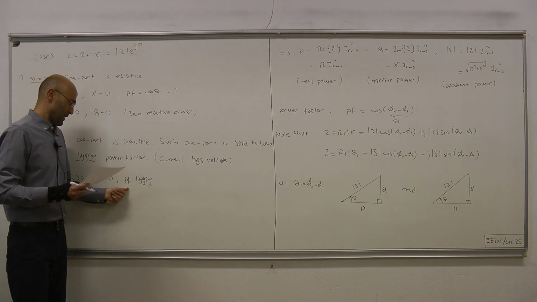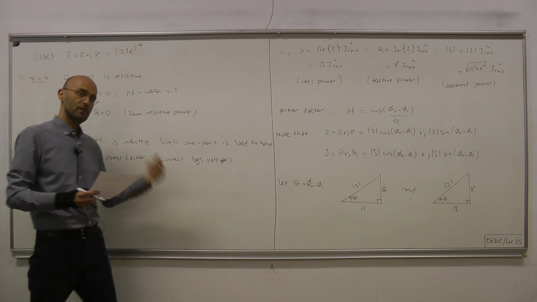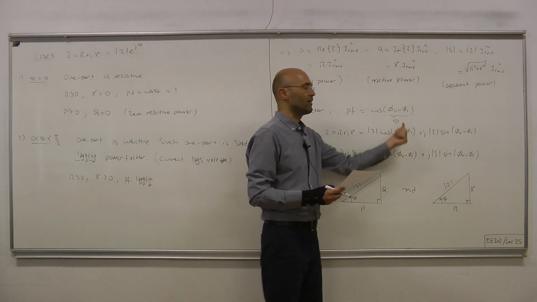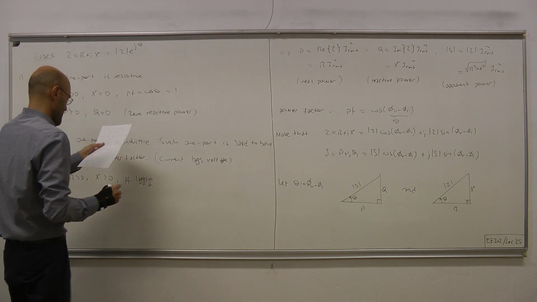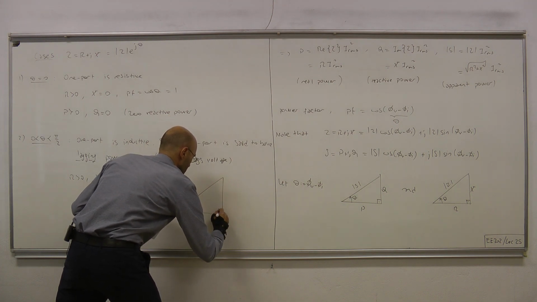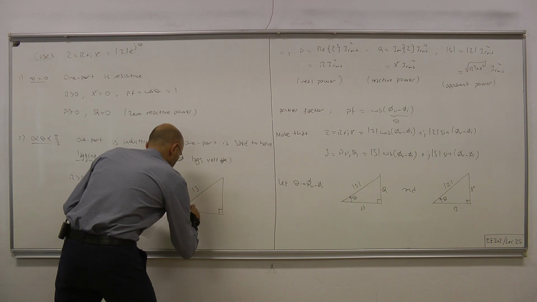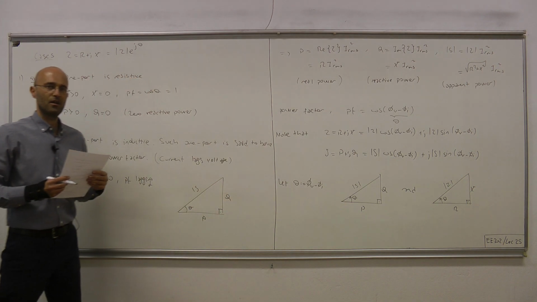So when the power factor is given with this expression, lagging or leading, we will be able to determine also the sign of this phase angle. Okay, and in this case the power triangle is drawn in this way. S, this is theta, this is P, and this is Q.